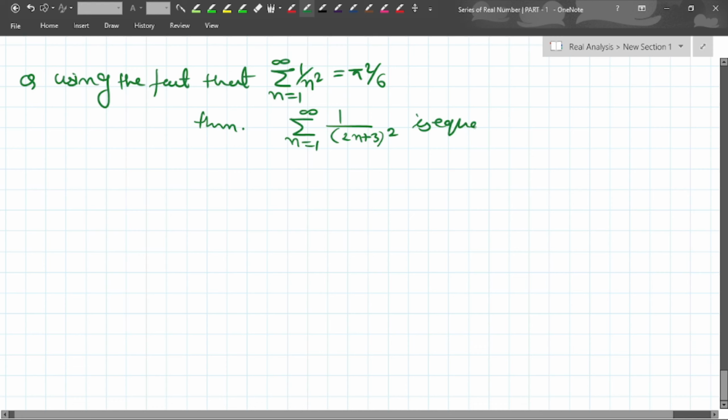So you have to convert this form to this and use this result, and then you can easily solve.